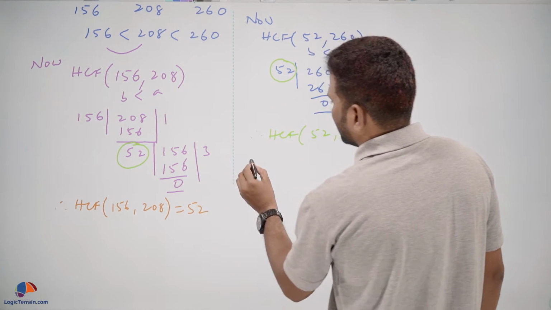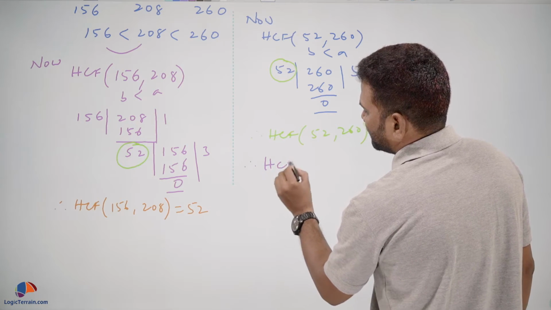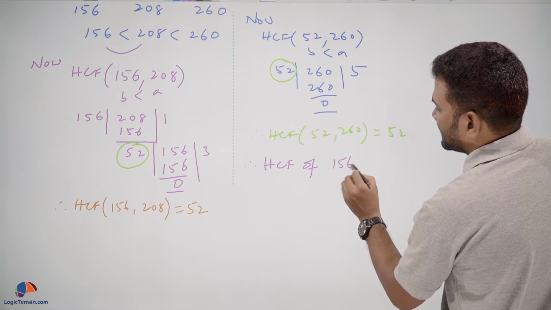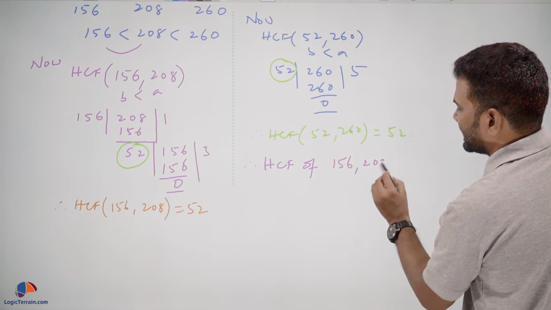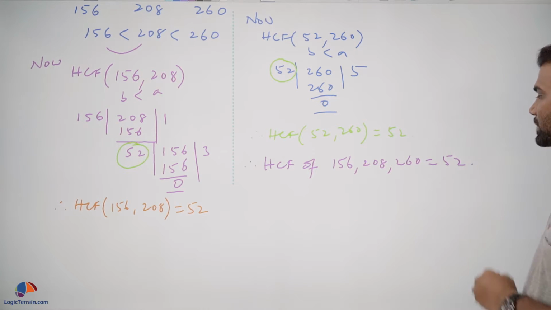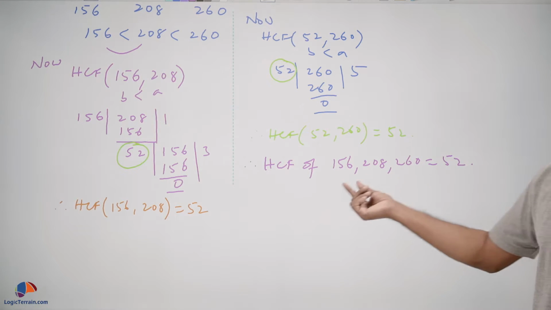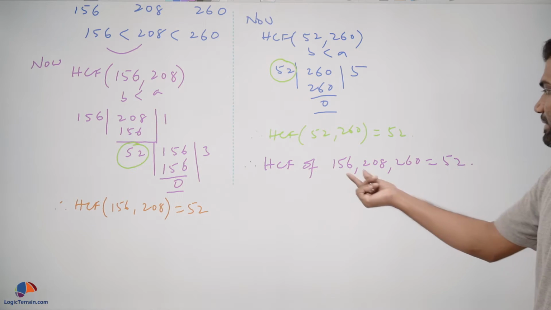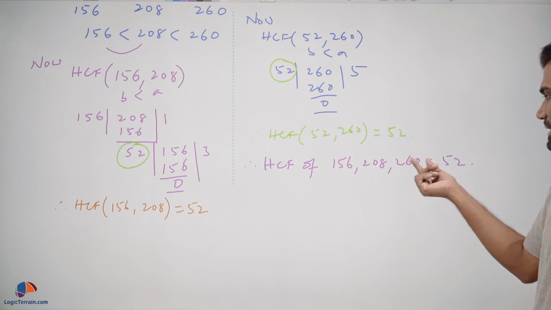And finally, the HCF of 156, 208 and 260 is 52, which means 52 is the highest common factor for all these three numbers. 52 divides this, this and this.